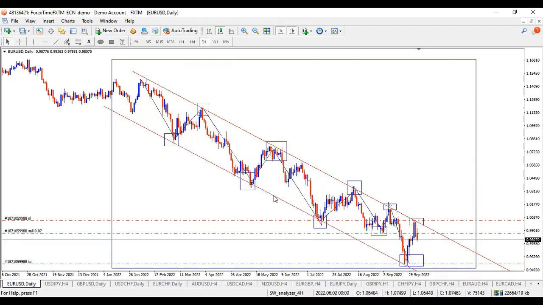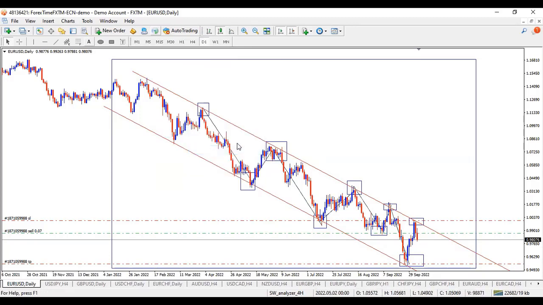When I place it here, it's viable because it's actually touching all these lower lows. So you realize that for all this while, Euro USD has actually been consolidating within this downward channel.